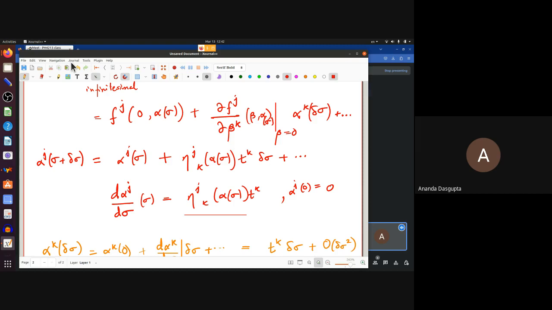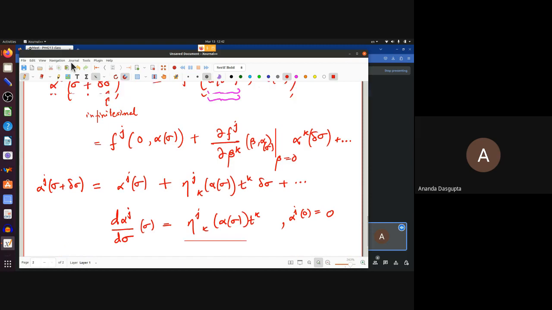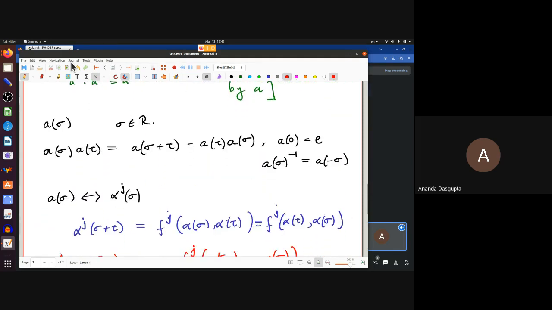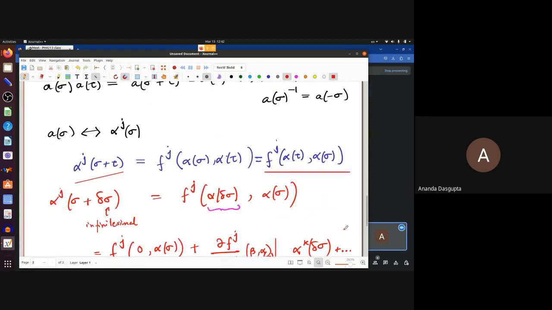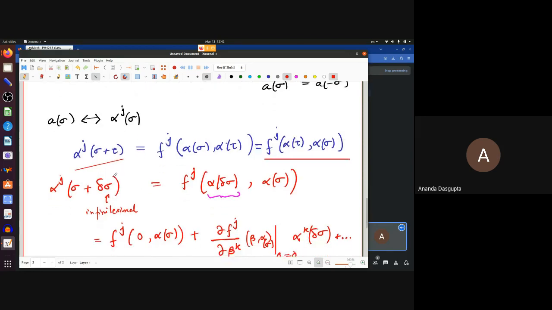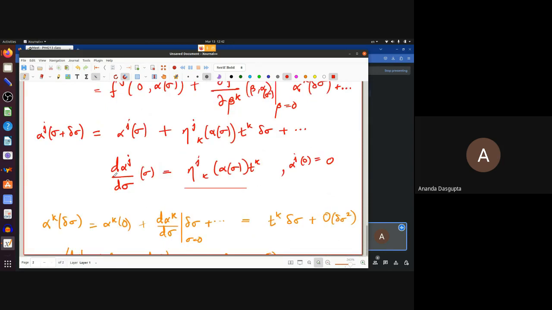But what did we do here? We started with the definition of a one-parameter subgroup that alpha j sigma plus tau has to satisfy this. And then we said that, okay, if I took for tau a very small quantity, from that we landed up with this differential equation. Bunch of coupled differential equations with the initial condition alpha j0 equals 0. And in principle, we can solve them.